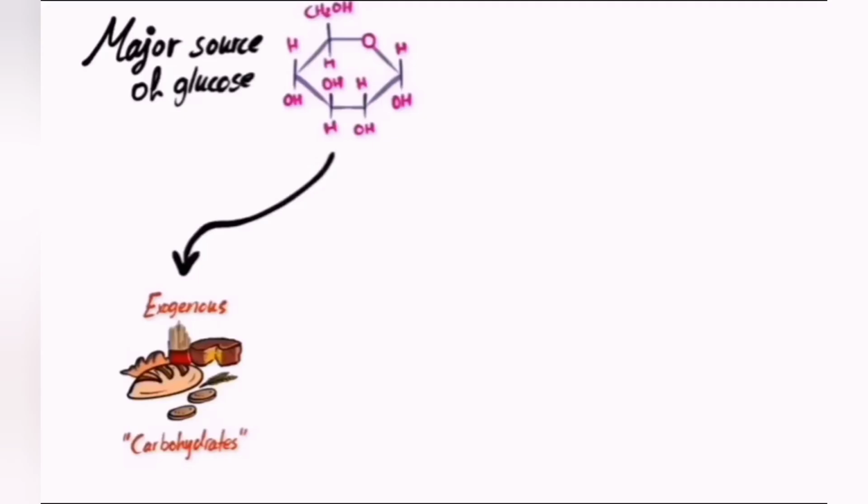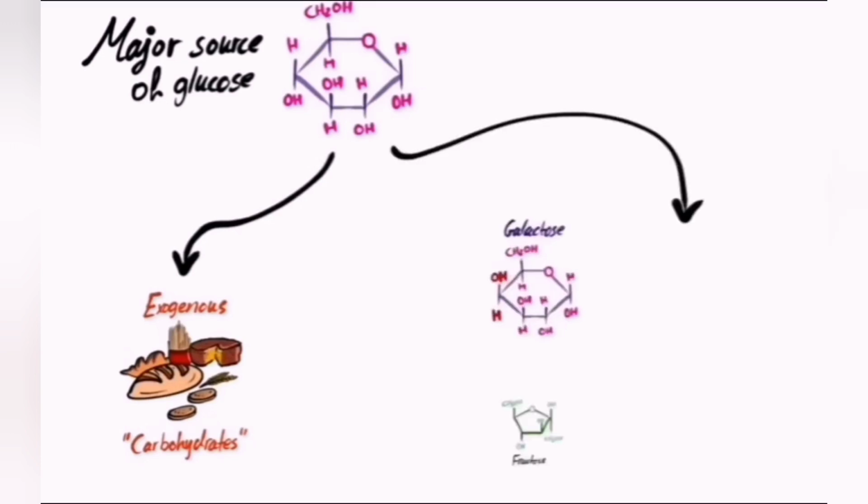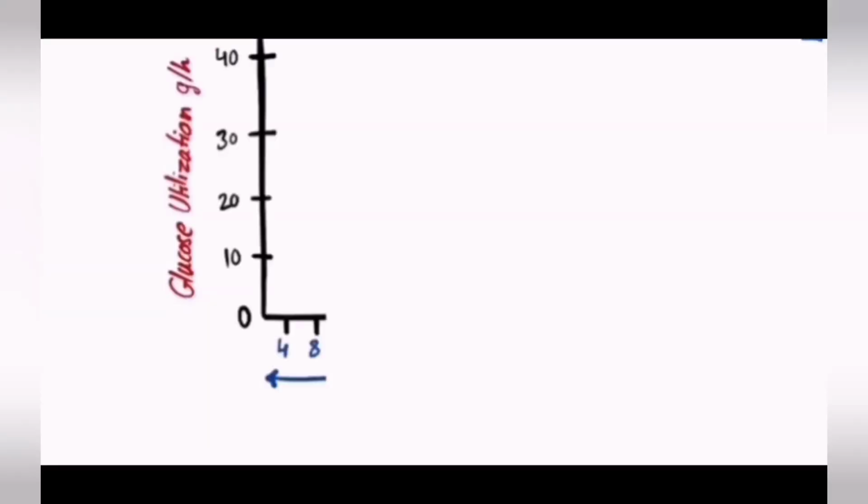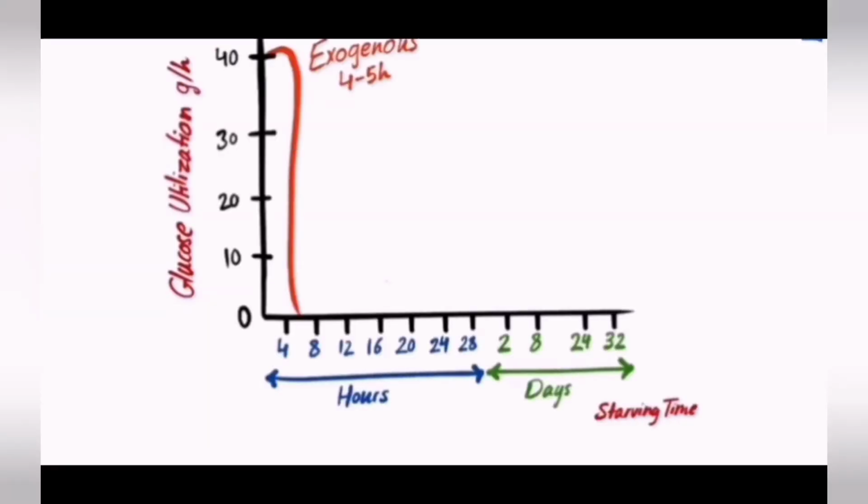The major source of glucose is exogenous glucose, that's the glucose obtained from the food we eat, namely carbohydrates. Galactose and fructose can be converted into glucose in the liver. Now, this exogenous supply is rapidly used up, with the body fasting after around 4 to 5 hours on average. During fasting, the glucose supply is provided by the breakdown of glycogen in the liver. It can last somewhere between 10 to 18 hours.